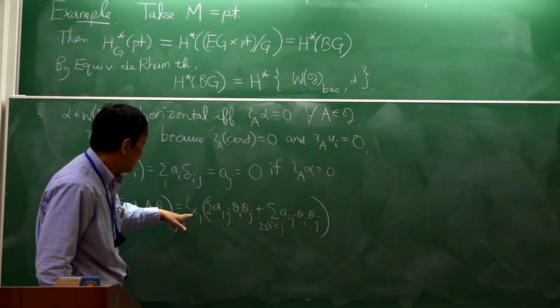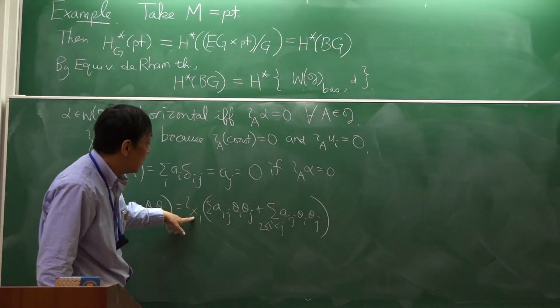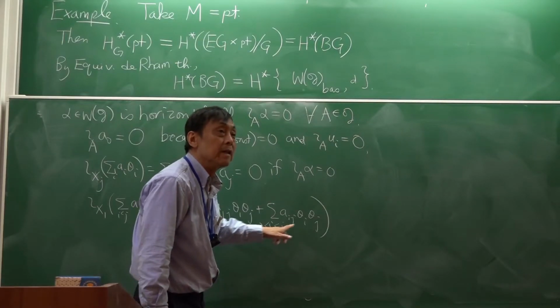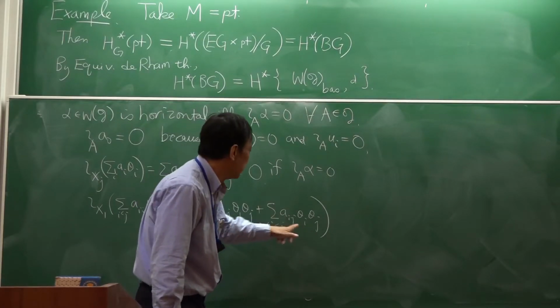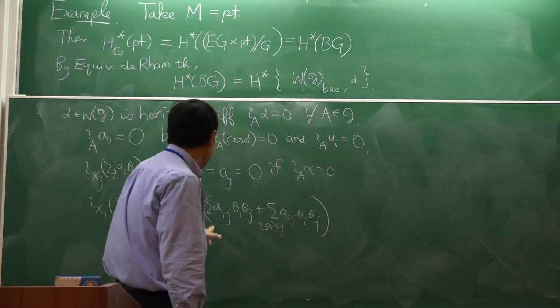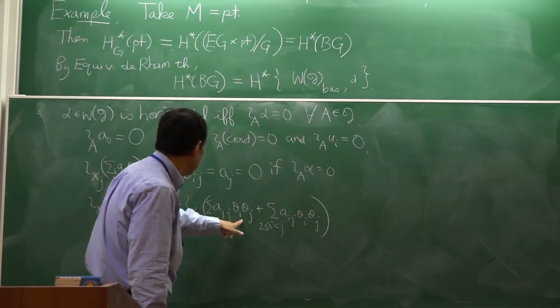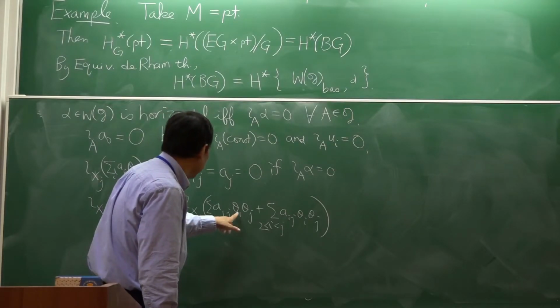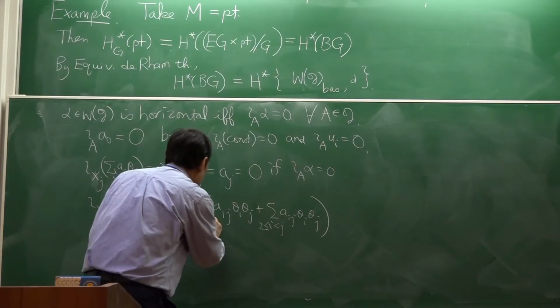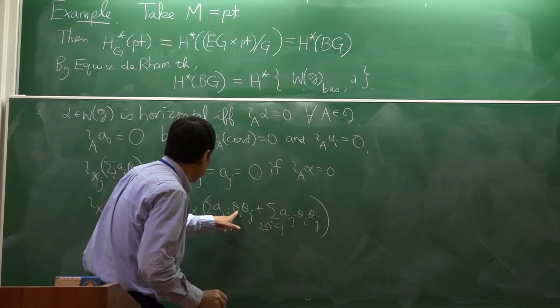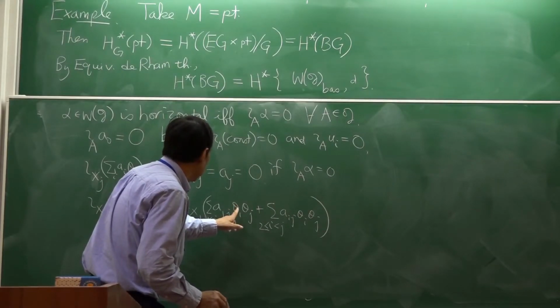When you apply it to the second sum, what do you get? 0. Everything will be 0 because there's no 1 here. And then x1 applied to theta 1 gives you 1.